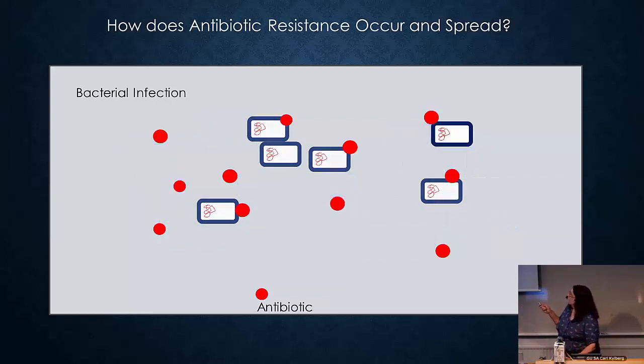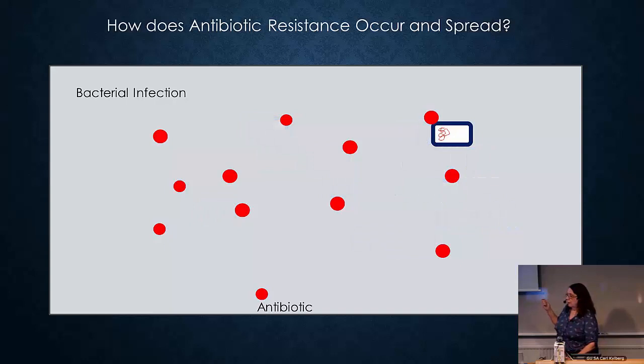But sometimes what will happen is that you either already have or develop an antibiotic resistant bacteria. That bacteria doesn't care if it has antibiotic or not. Essentially, it ignores it.